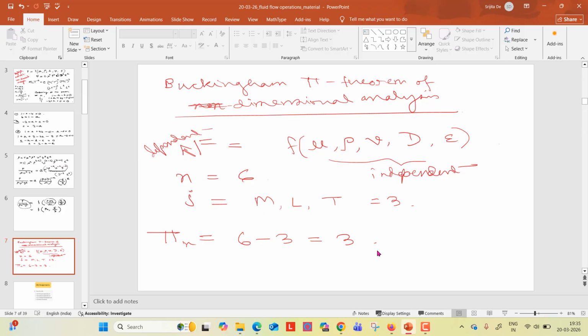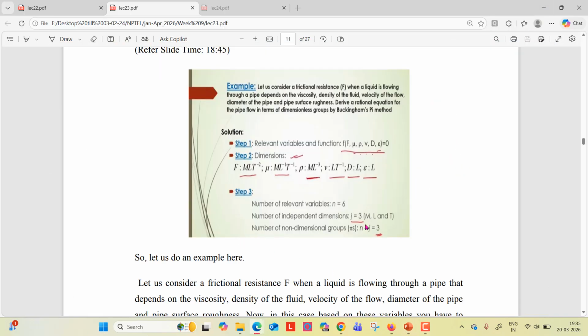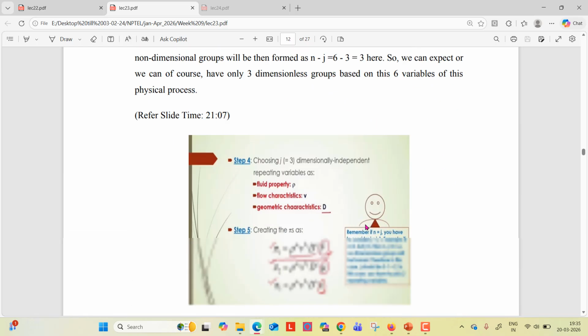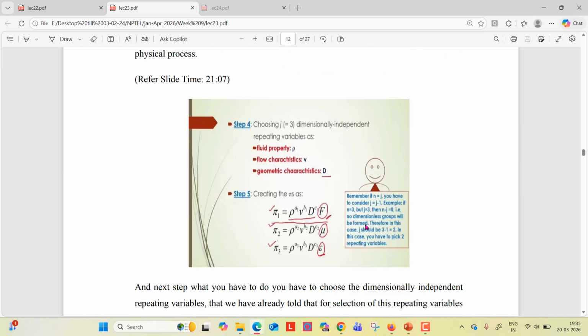So you have 3 dimensionless parameters, non-dimensional groups. Now we have to choose 3 dimensionally independent repeating variables.